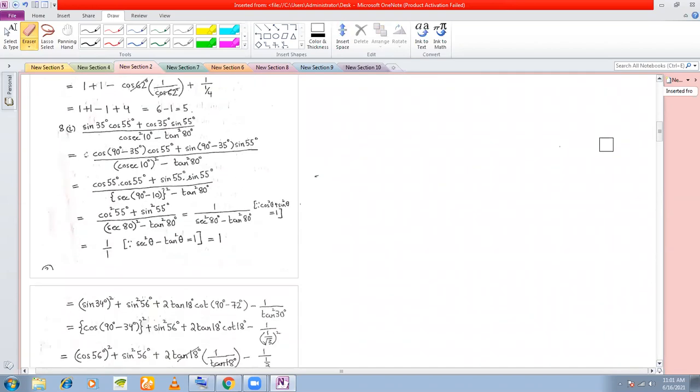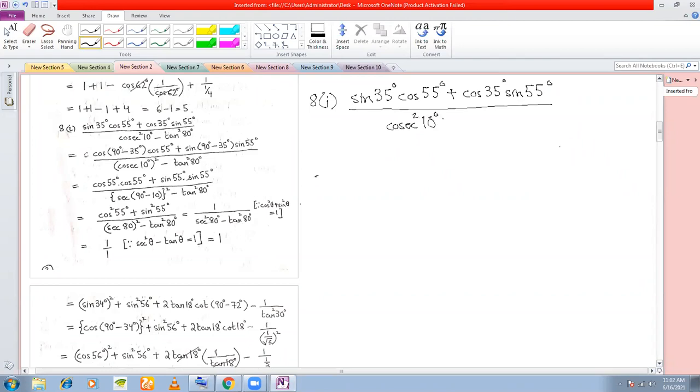8.1. The question is, evaluate sine 35 degree cos 55 degree plus cos 35 degree sine 55 degree divided by cosec square 10 degree minus tan square 80 degree.